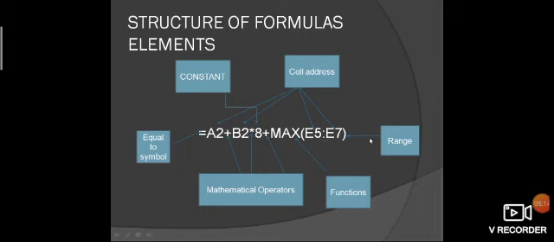The whole line is an expression, and 8 is a constant value that does not change, always remaining the same while you are calculating this expression. Equal to is the symbol at the start; plus, multiply, plus are mathematical operators. Three operators are there in this expression.